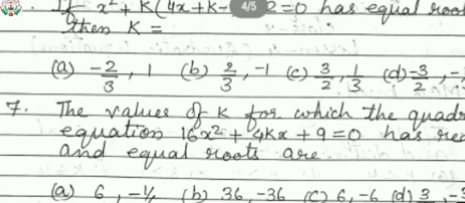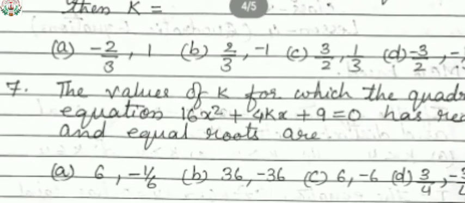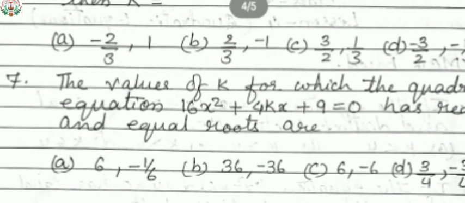Now the seventh one is: the value of k for which the quadratic equation 16x square plus 4kx plus 9 equals to 0 has real and equal roots. Again, real and equal roots means D equals to 0.